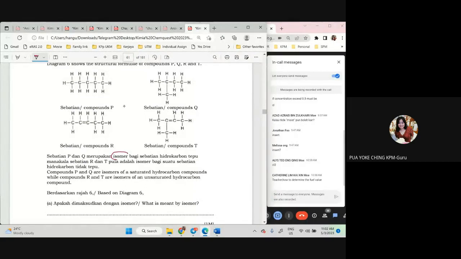So revise back your isomer, how to draw isomer, what is the meaning of isomer. Isomer is the molecules with same molecular formula but different structural formula. Okay, same molecular formula but different structural formula.